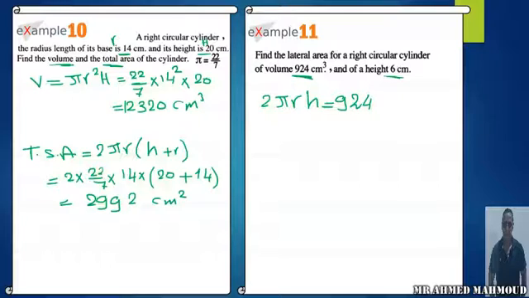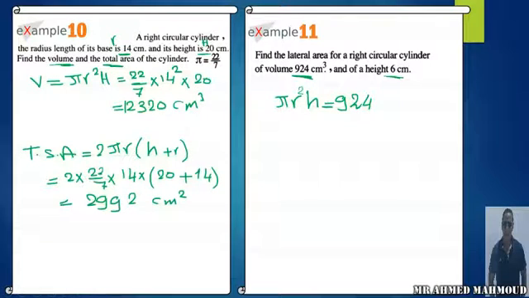In this one, I'm going to make a replacement for pi, which is equal to 22/7, times r power of 2 times 6 equals 924.